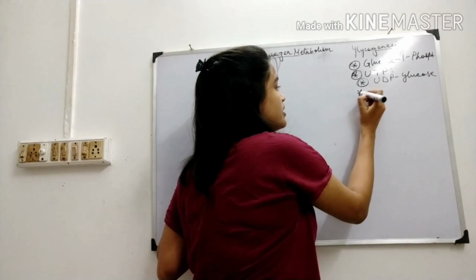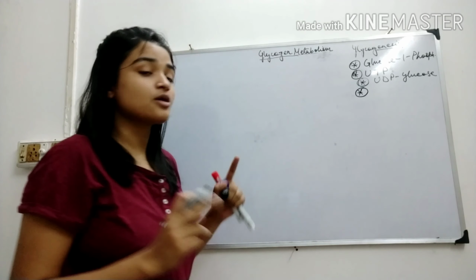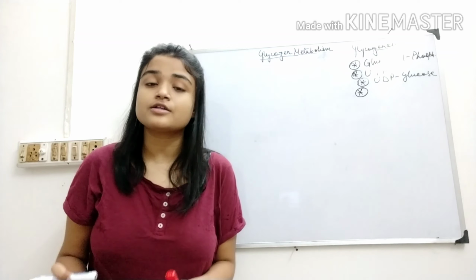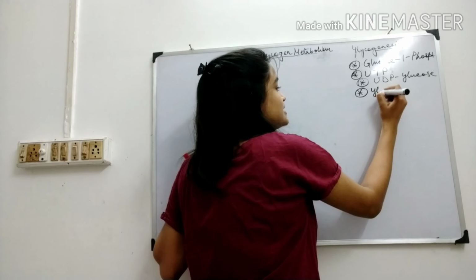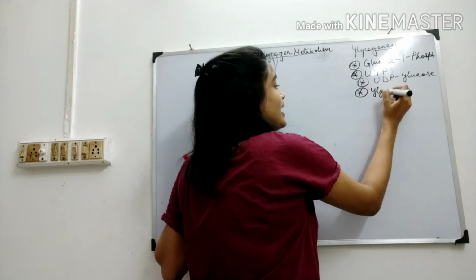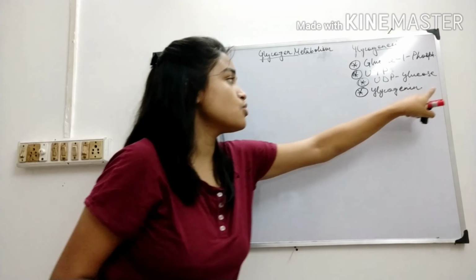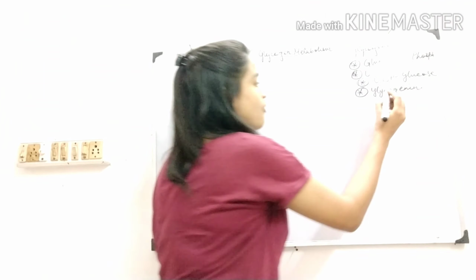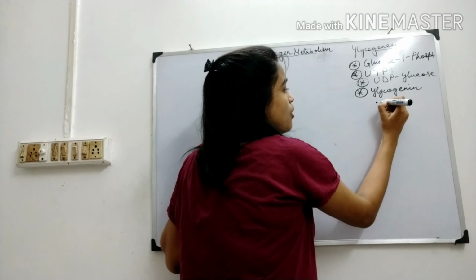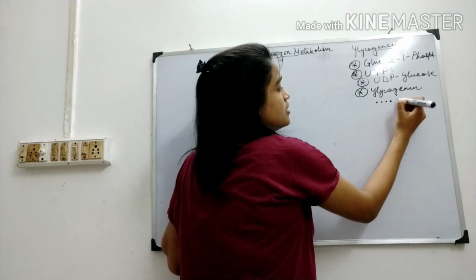Now we require a primer because glycogen synthase cannot initiate the chain formation. So another enzyme called glycogenin will accept this glucose moiety from UDP glucose, and it will form a 4-molecule chain.